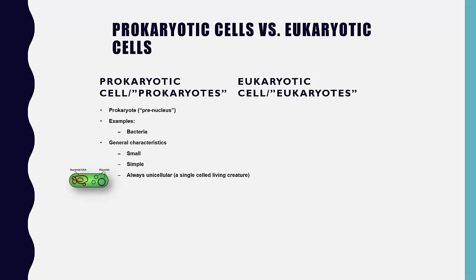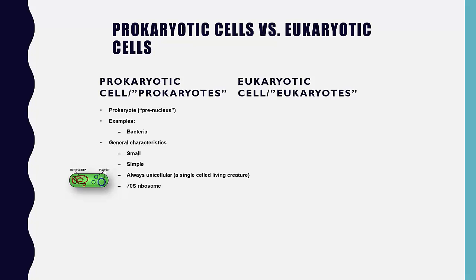Again, they are always single celled or unicellular. They are single celled living creatures. They have ribosomes, and if you remember, ribosomes are really important if you're going to make proteins. Every cell really wants to make proteins, so every cell needs a ribosome and needs that ribosome working well.